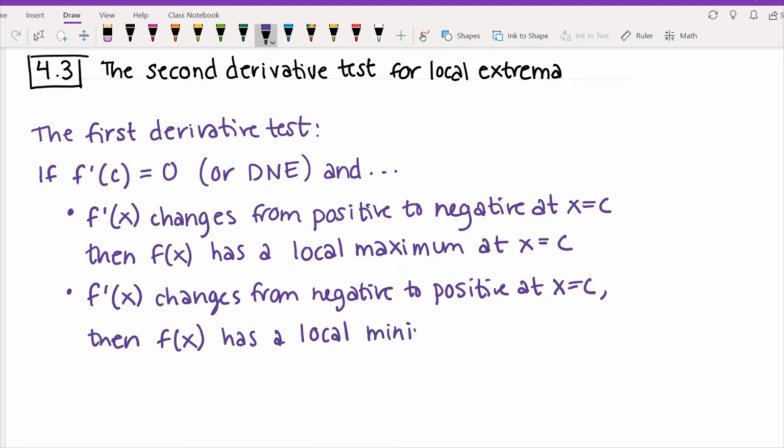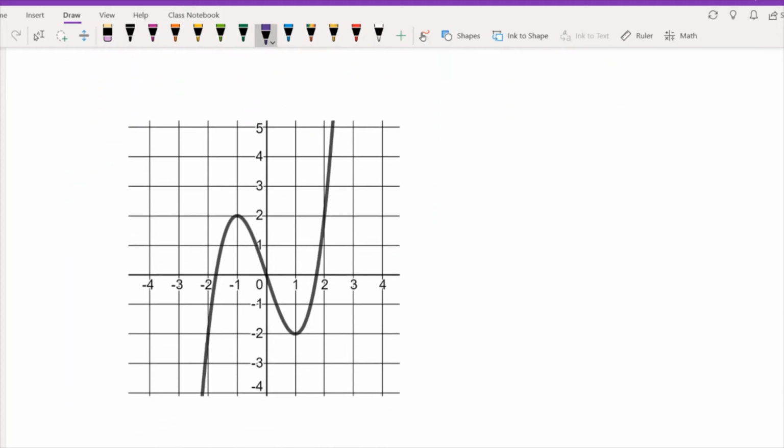And then if neither of those things happen, so if it doesn't change, if it just is increasing and then it keeps increasing, or it's decreasing and it keeps decreasing, that means that there is not a local maximum or a local minimum.